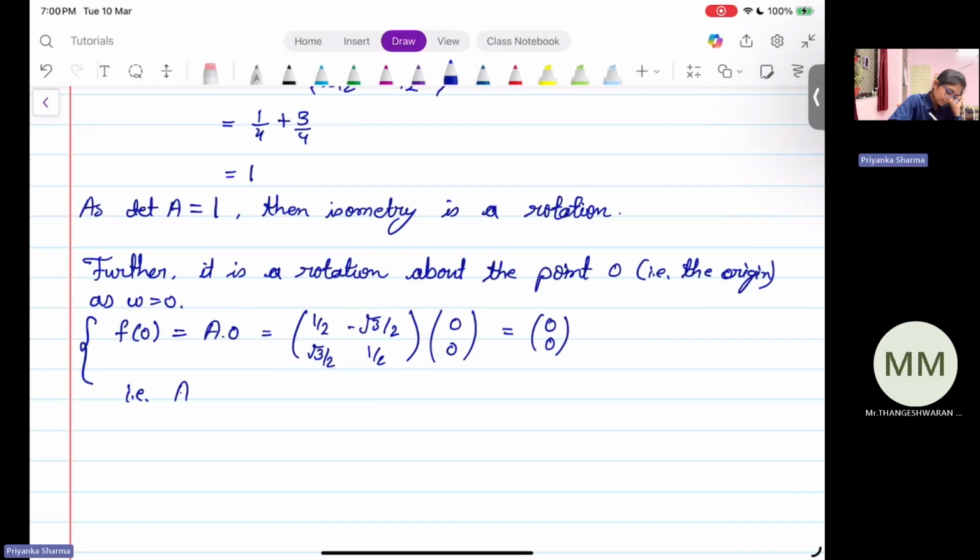That is, A fixes the origin. Therefore, A is a rotation about the origin.